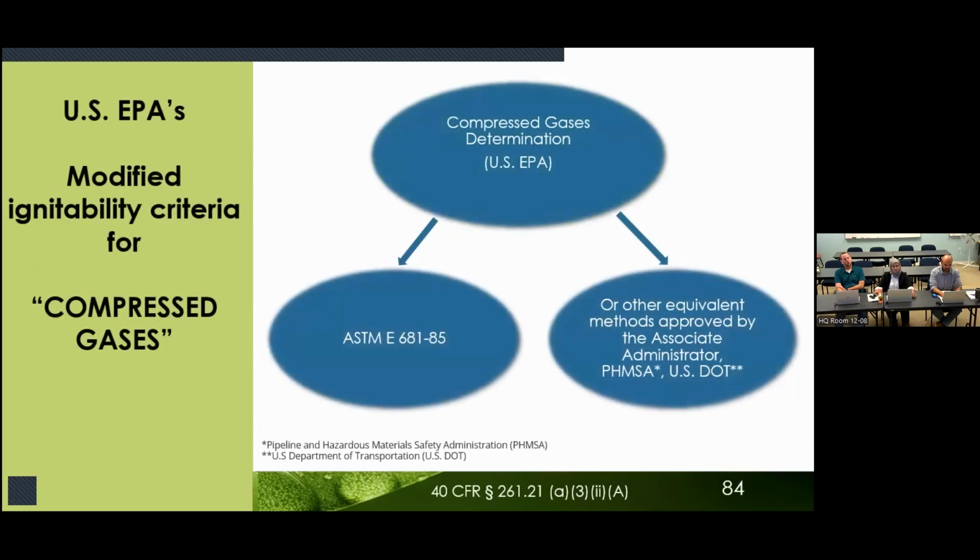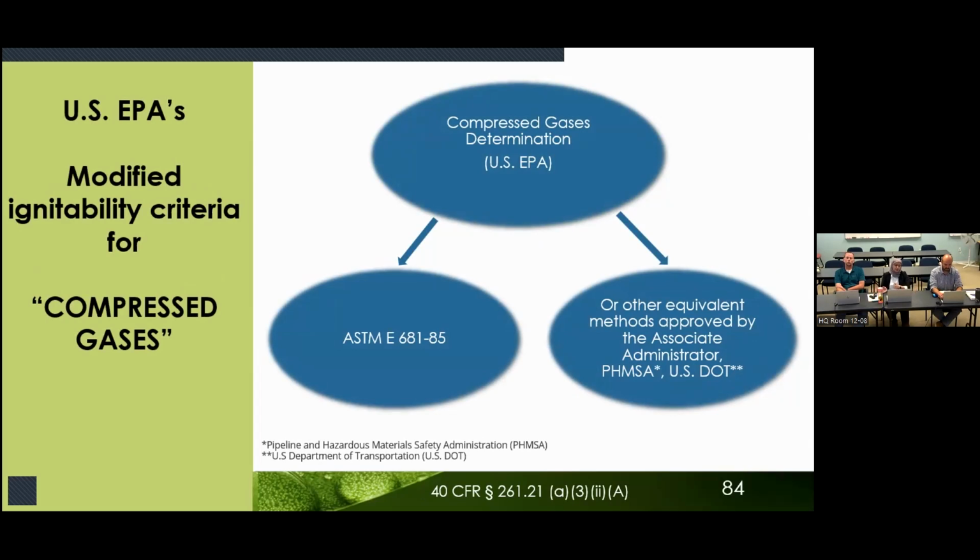So these are the existing criteria of ignitability determination of compressed gases in the federal regulations, as the US EPA has already updated its regulations to align with the current US DOT's revised, updated methods.